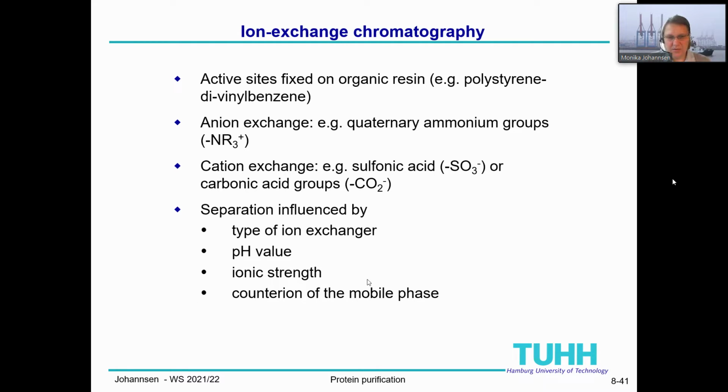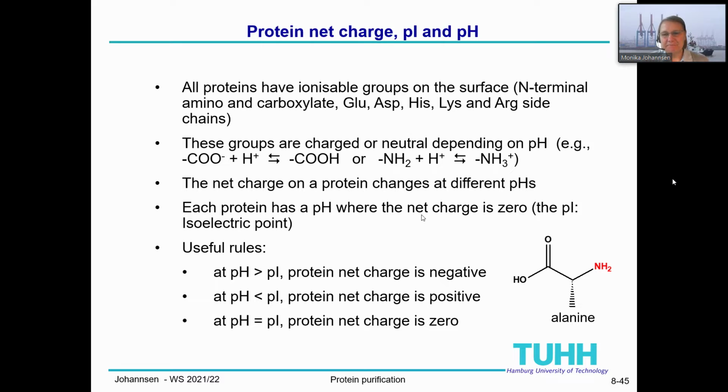And the separation is influenced by choosing a proper ion exchanger, by the pH value, the ionic strength, and the counter ion of the mobile phase. Let's say a few words about the protein net charge, the pI and pH. I'm sure you know that all proteins have ionic groups on their surface, and these groups are charged or neutral depending on pH.